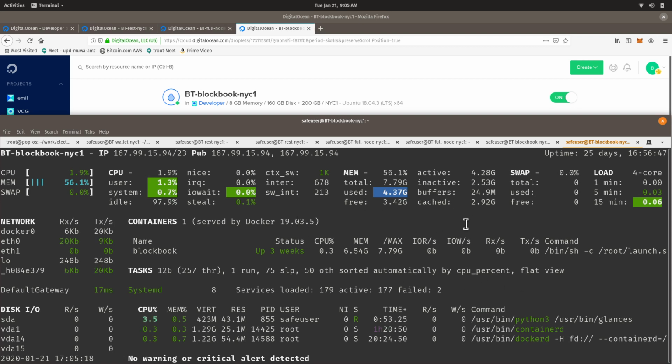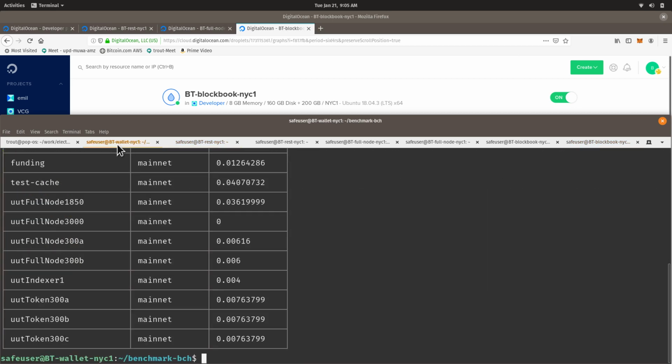Okay, so this is what we're going to be monitoring as the test goes on. So let's run the test. If I go back to the wallet, I have these staged wallets, and I've already updated them.